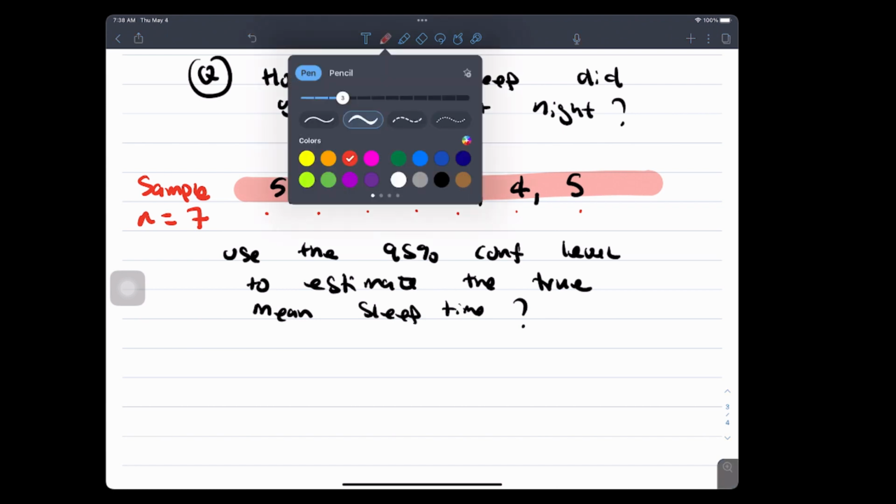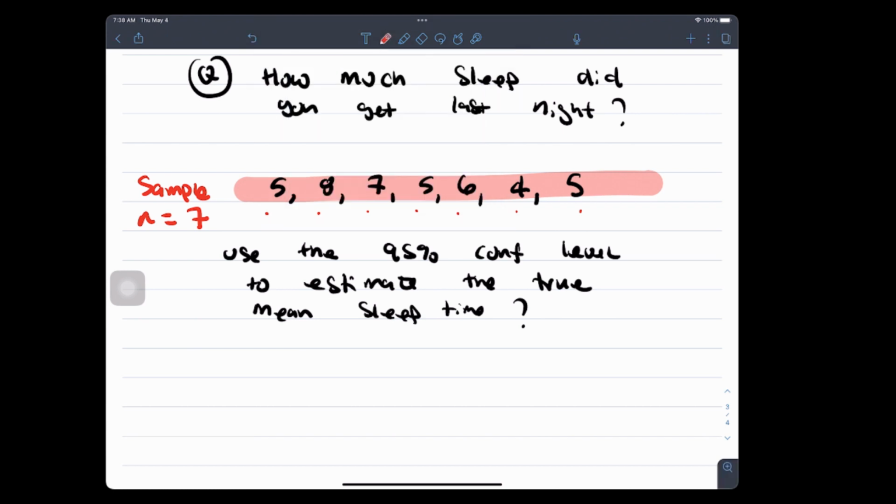Do you guys remember, what do you need if you've seen this information? What do we need? We need a sample mean and we need a sample standard deviation, don't we? We know the confidence level. What's the confidence level? 95%.